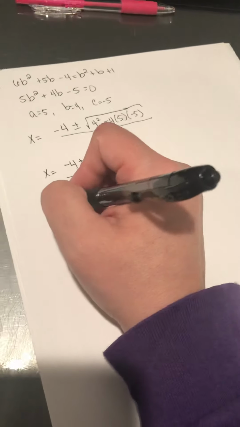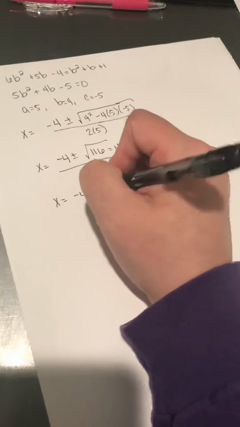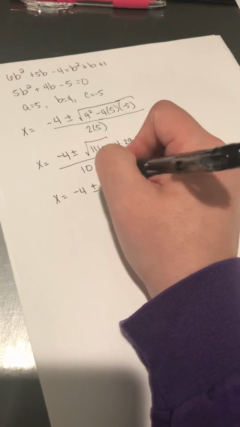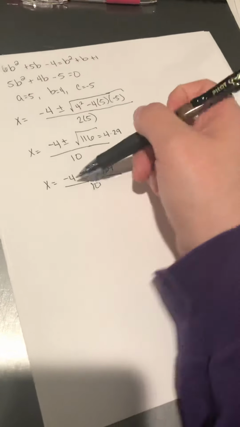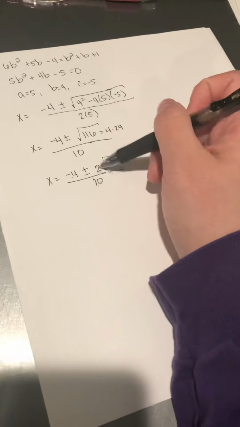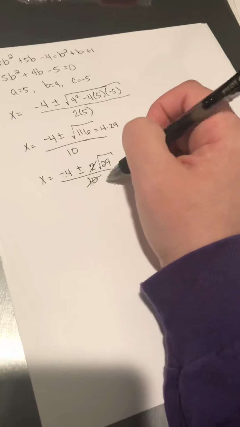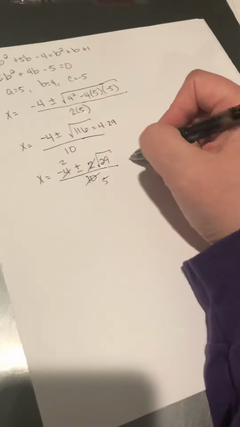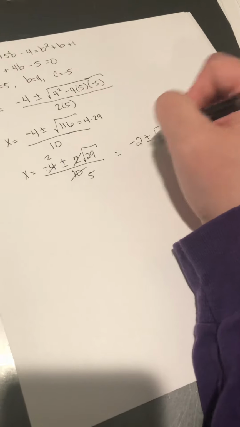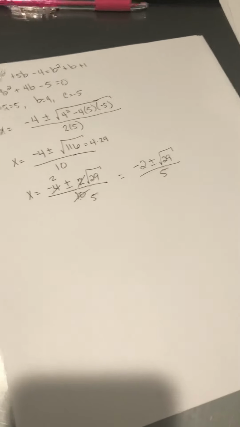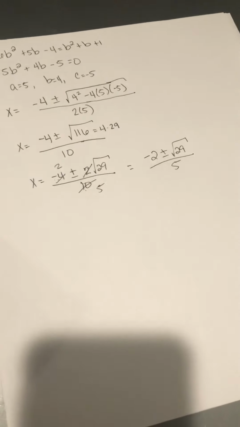So I can say that this is negative 4 plus or minus 2 square root of 29 divided by 10. And then all of these have a 2, which means I can take that out. So it's equivalent to negative 2 plus or minus the square root of 29 divided by 5. And then you can't reduce that any further.